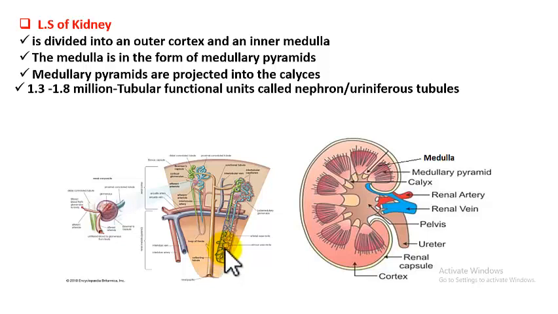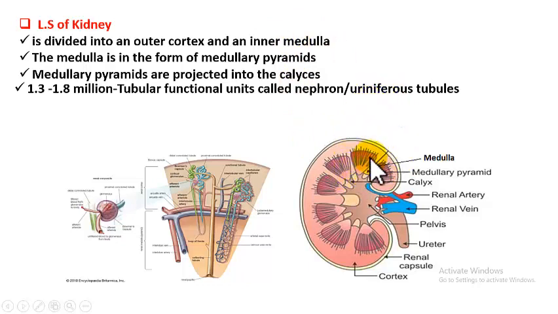Got it, students? Now, how many filtration units are present in a kidney? Amazingly, 1.3 to 1.8 million nephrons are present in each kidney. So huge, right? So many filtration units are present in each kidney. Understood? So this is about the L.S of kidney.